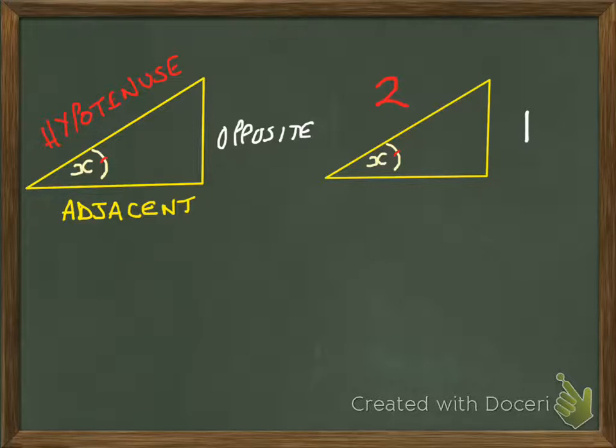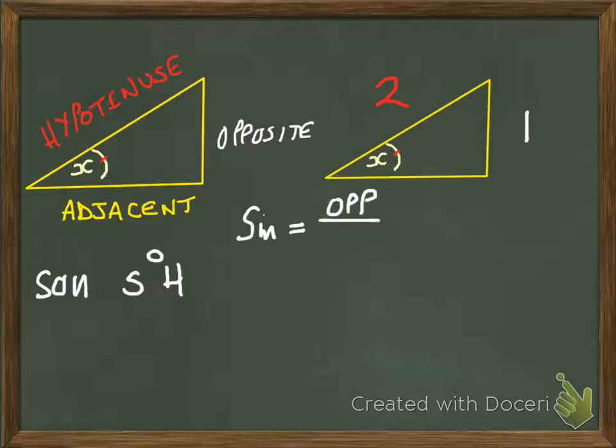So let's just again recap on that, what that is. So I've got SOA, which I write personally as SOA, like that. So that means the sine equals the opposite over the hypotenuse.